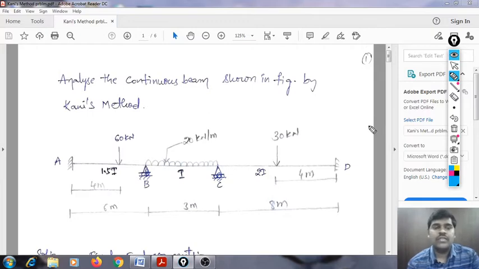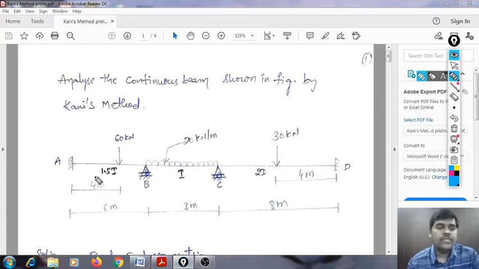You can see the video which uses a whiteboard, and here coming to this problem, this is a different, typical problem. Here there is a continuous beam ABCD which spans AB, BC and CD.